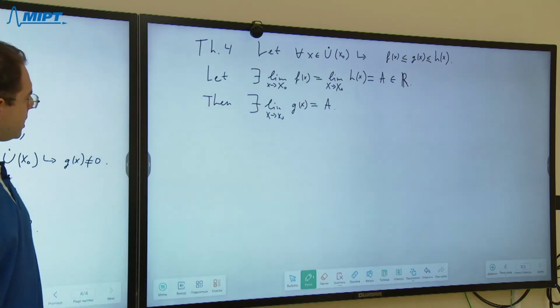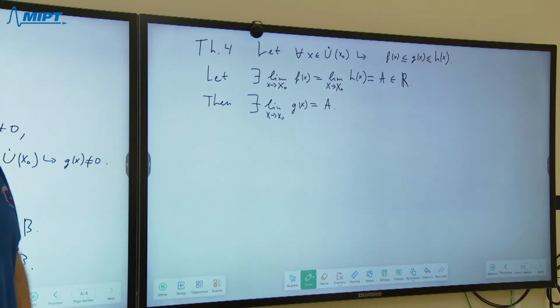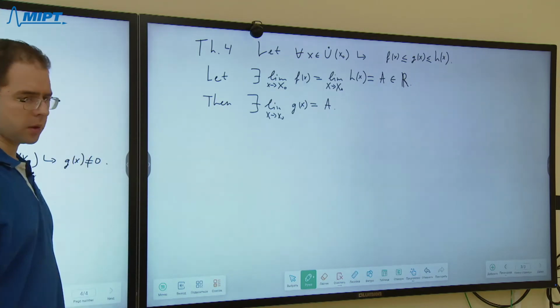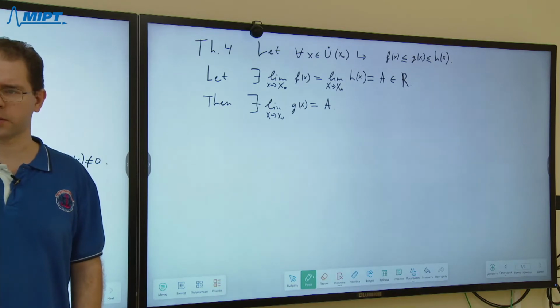So this is a theorem similar to a theorem about 3 sequences, and we will call it a theorem about 3 functions.